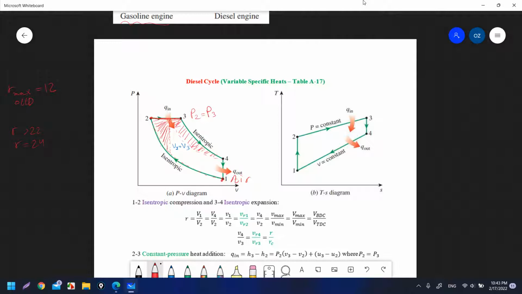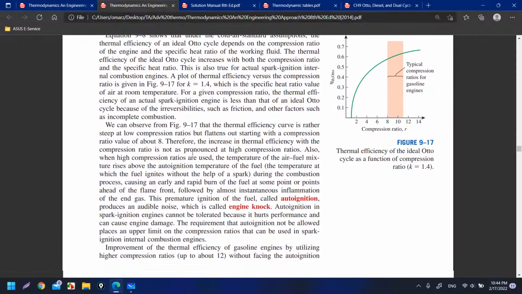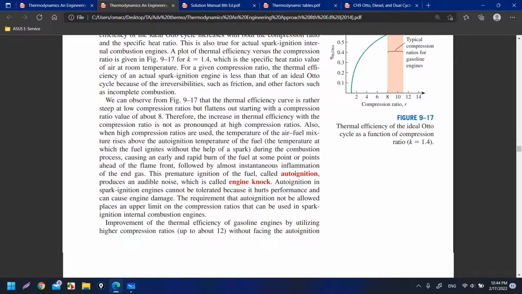But we use the Otto cycle because sometimes we don't need this huge amount of work. That is why the compression ratio for the diesel cycle is higher than the Otto cycle, and you can read about this in the book.